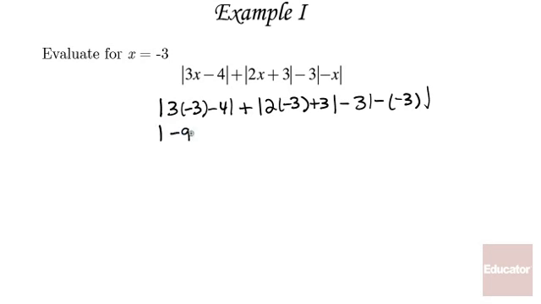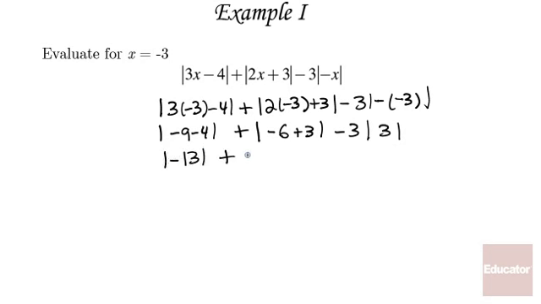That's going to give me negative 9 minus 4. Here I have 2 times negative 3. That's negative 6 plus 3 minus 3 times the absolute value of, negative times a negative is positive. Okay, this is negative 9 minus 4, the absolute value of negative 13, plus negative 6 plus 3. That's negative 3, minus 3, absolute value of 3.